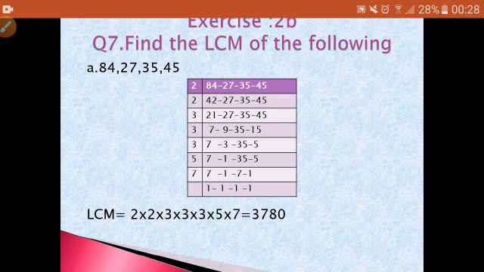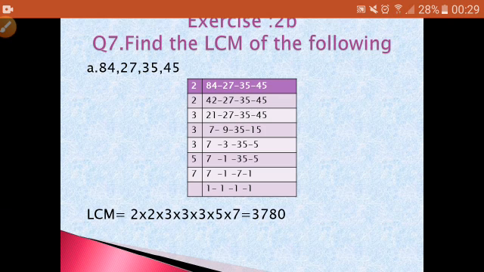Whenever you get 1, 1, 1, 1 at the end of this division process, that means your factorization is completed, your division process is completed. The numbers on the left-hand side of this factorization process are the prime factors of 84, 27, 35 and 45.